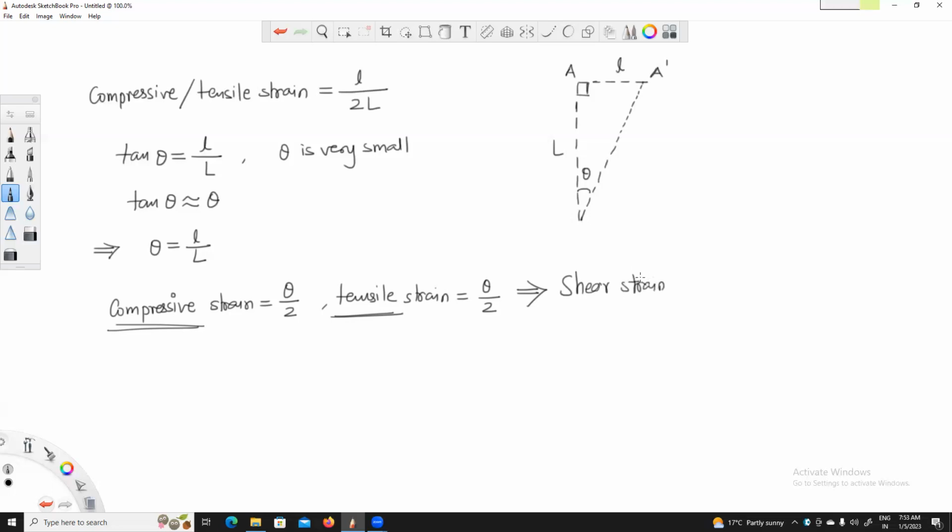We have seen the basic definition of shear strain. What is shear strain? The angle by which the face is distorted. The shear strain is basically theta. So we can conclude that the shear strain produced is a combination of tensile strain produced in one of the diagonals, as well as the compressive strain produced in another diagonal.